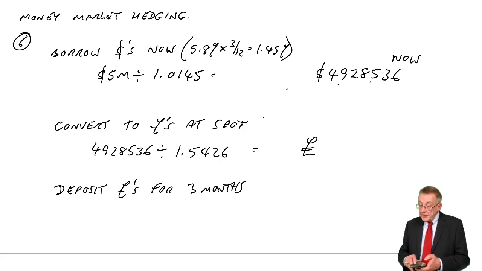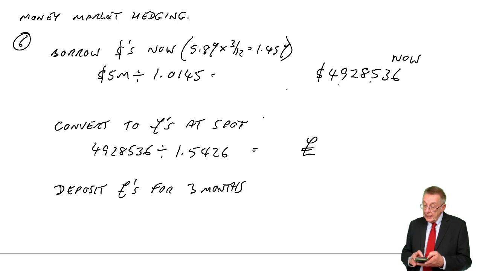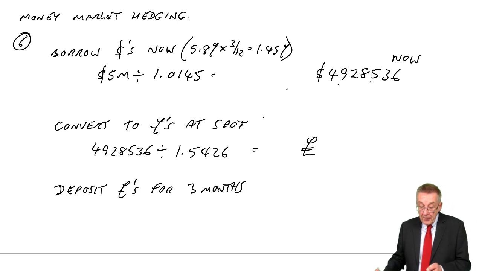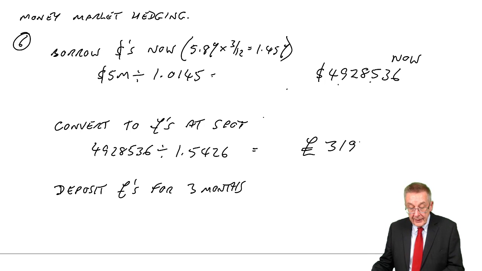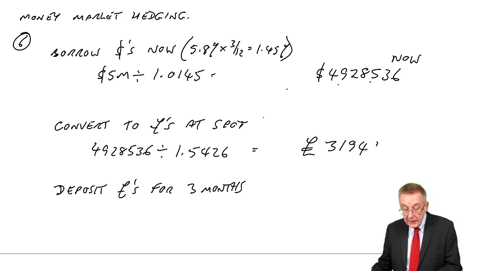Which gives me how many pounds now? $4,928,536 divided by 1.5426 is £3,194,954 now.